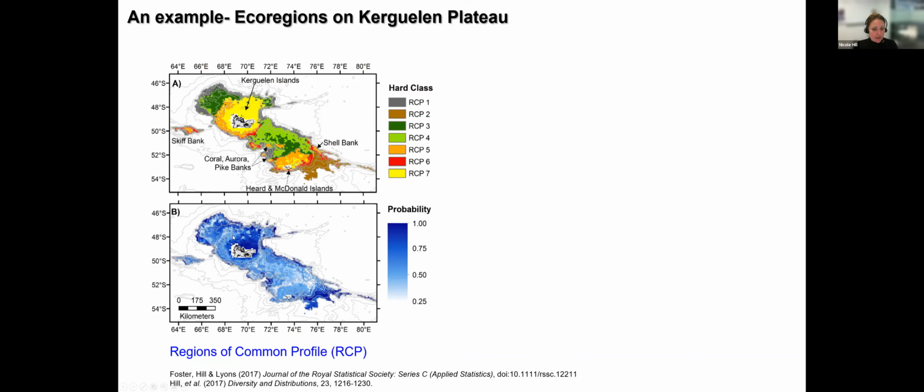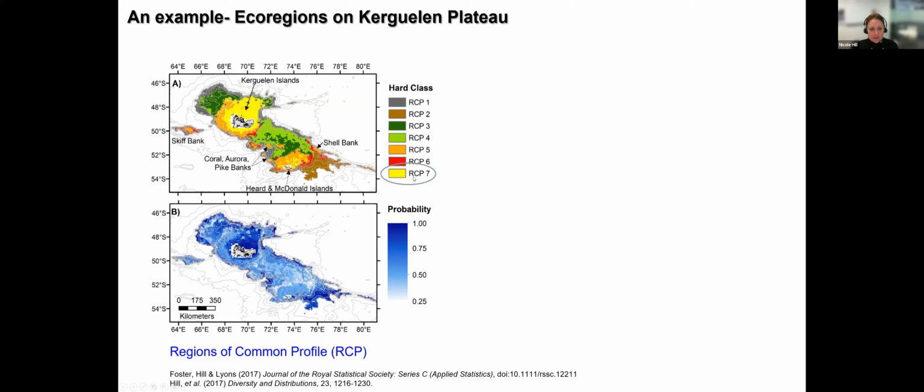So you can see for some of the shallower regions and some of the deep regions of the plateau here, we're pretty confident that it's actually this particular assemblage that we're looking at, whereas in some of the other areas we're a little bit less confident because it could be overlapping between 2 types of assemblages. And it's important to be able to quantify the uncertainty in the maps that we're giving managers to make decisions off. It's often something that's not particularly well done.